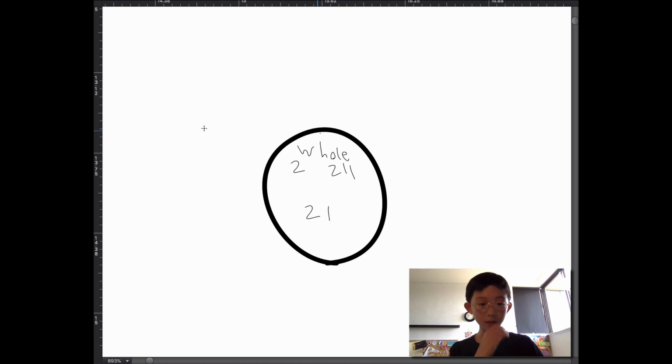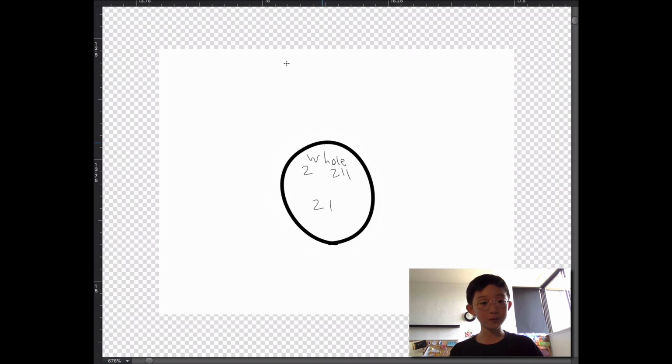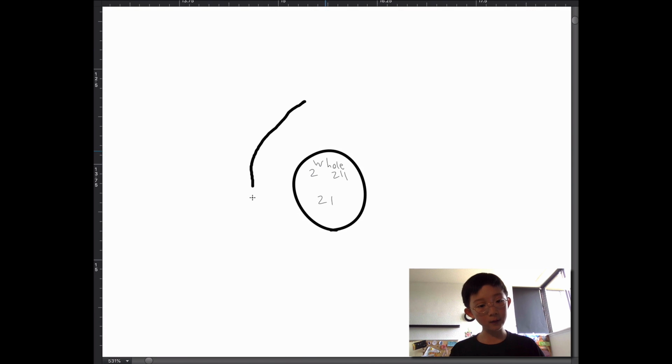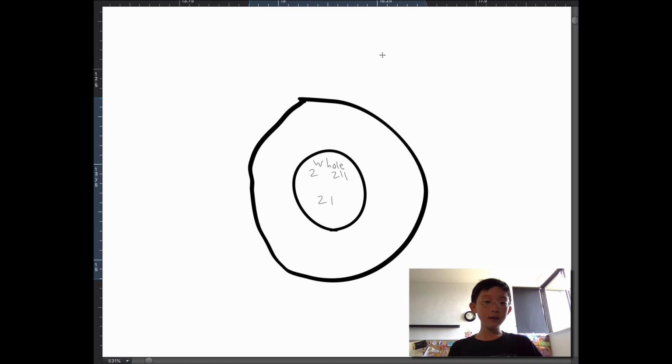Anyway, so let's move on to the next category of numbers. This group, they're known as the rational numbers.